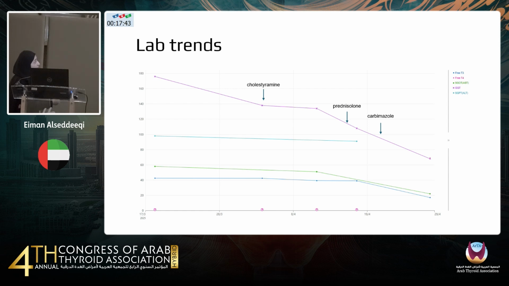So prednisolone was started with the aim of having some control over the disease. If you look at the free T3 and free T4, they started to trend down. And here carbimazole was added comfortably by the team.